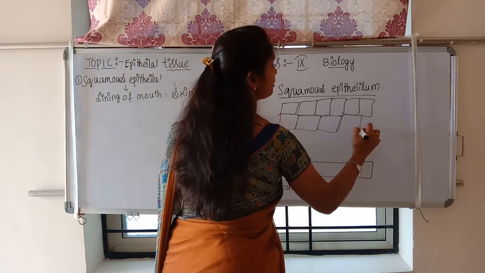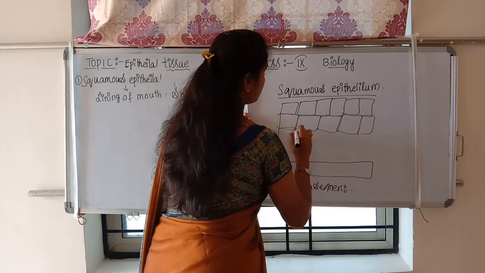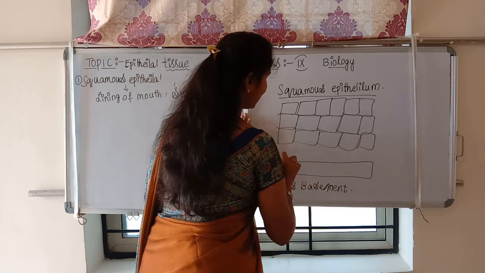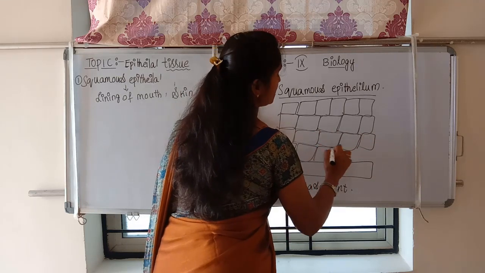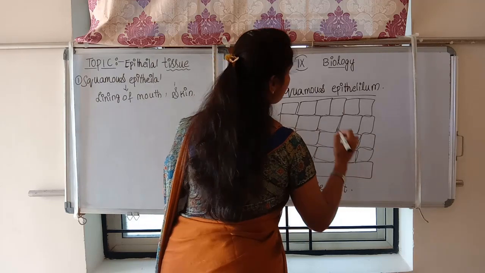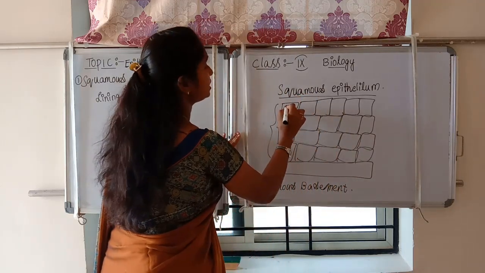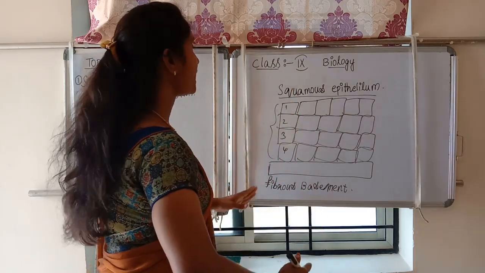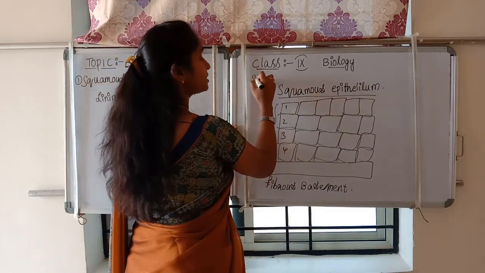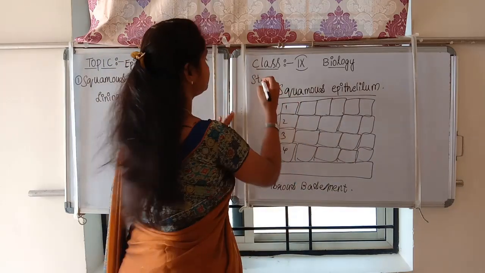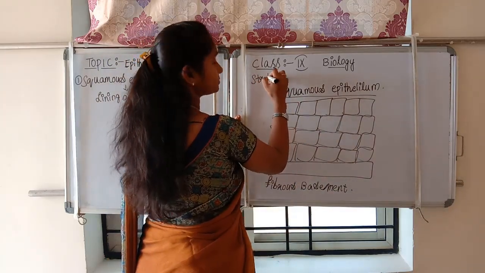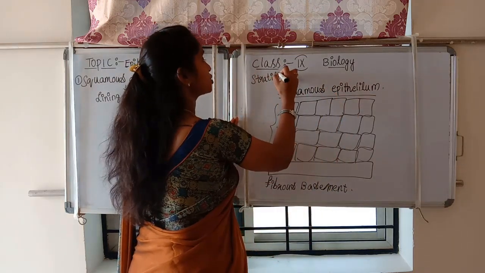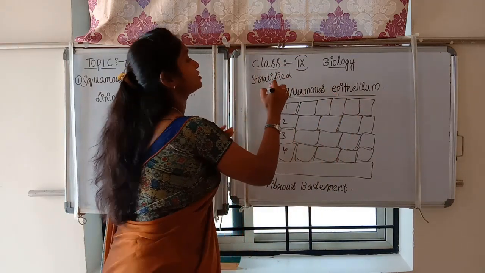Before, we observed a flat kind of cells, squamous epithelium. Now we are going to see layers of squamous epithelium in a pattern. How many? 1, 2, 3, 4. Like this, the layers form a pattern. We call it stratified squamous epithelium.